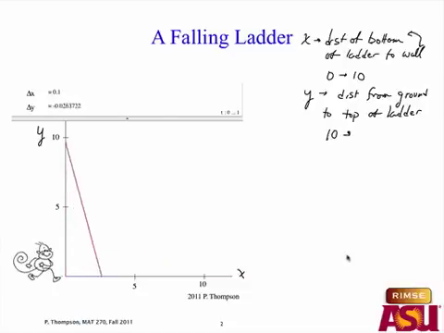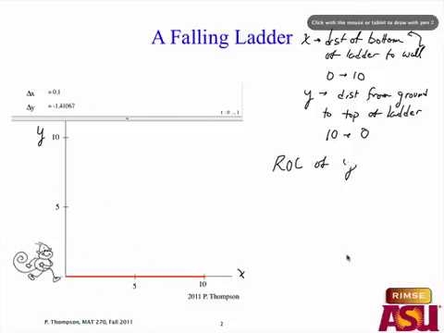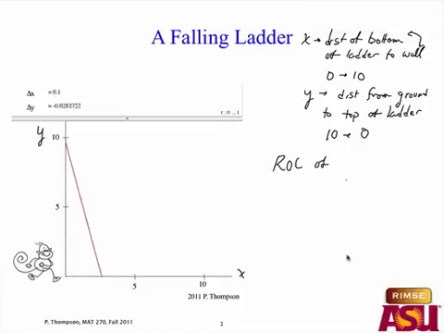It goes from 10 to 0. So if we wanted to talk about the rate of change of y with respect to x, what would we need to come up with?